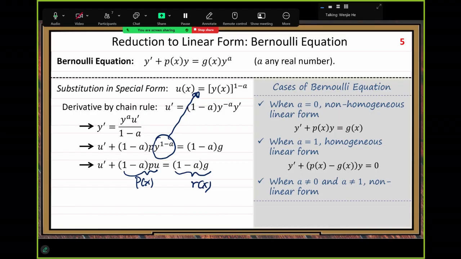Even if you cannot find an explicit formula for the integral, you can leave the integral formula there, and that is still okay. Because if we cannot find an explicit function as the integral result, we can use a numerical value to calculate it, right?